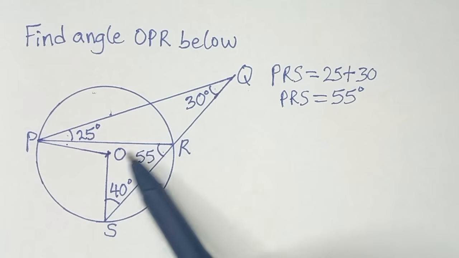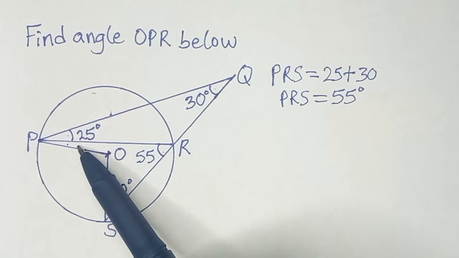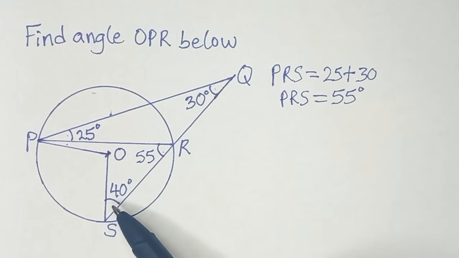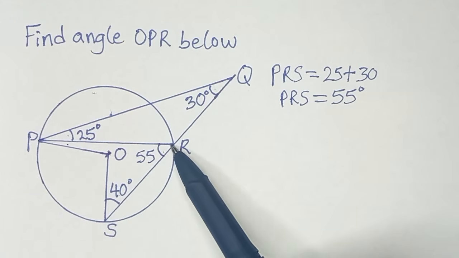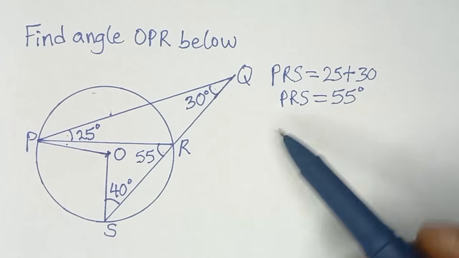But I think that's a longer method. And by now, if you have been watching my video, you know the short method that I usually apply when you have this angle at the circumference and you are looking for either of these two angles at this end here.